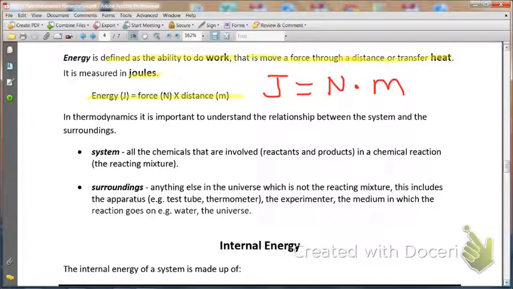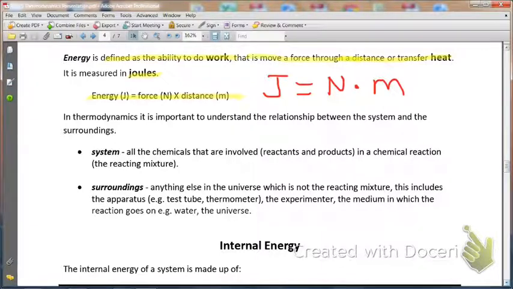The surroundings is everything else in the universe which is not part of the reacting mixture. This includes any of the apparatuses or equipment that the chemical reaction is involved in, thermometers, test tubes, just everything else in the surrounding environment that is not part of the actual chemical reaction.